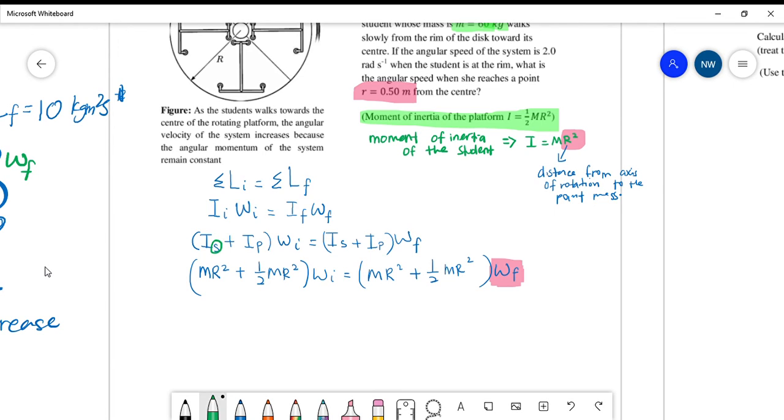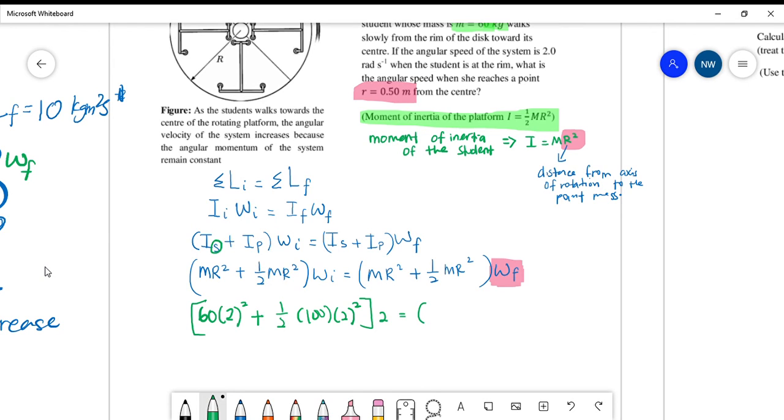So the student mass is 60 times the initial distance of the student, initially 2 meter from the center, which is from the axis of rotation, squared. Half m r square would be 100 mass, and the radius of the platform is 2 meter squared, and then times omega initial, which is 2 radian per second.